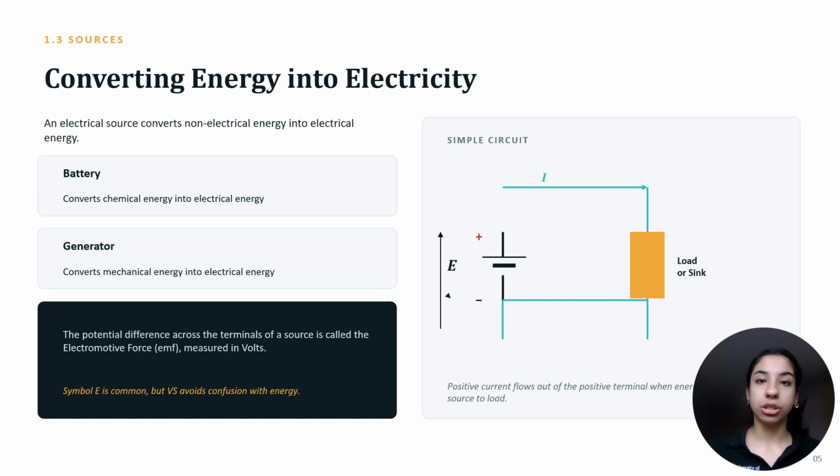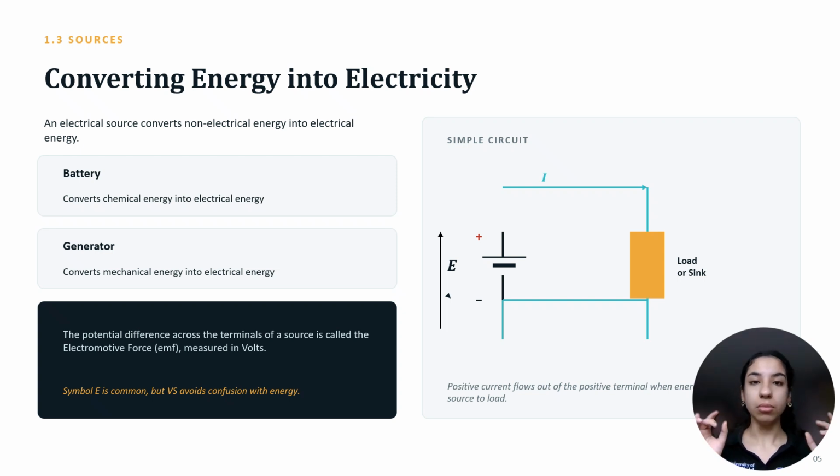Then we got potential difference. So how do we know what a potential difference is? When you have two terminals of a source, just like a battery, you have the positive terminal and the negative terminal. And remember when we talked about an electric field made by difference between the coulombs in the protons and the electrons, that's how we get a potential difference as well.